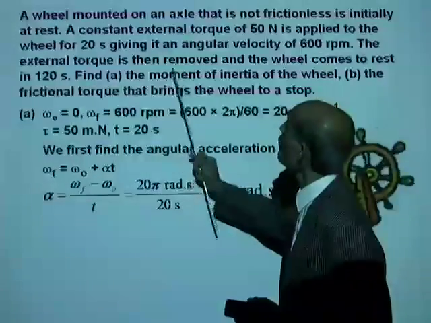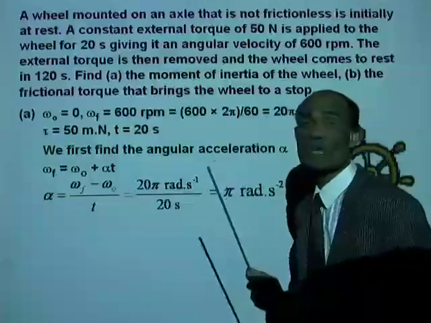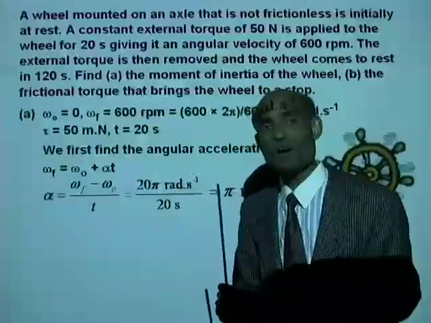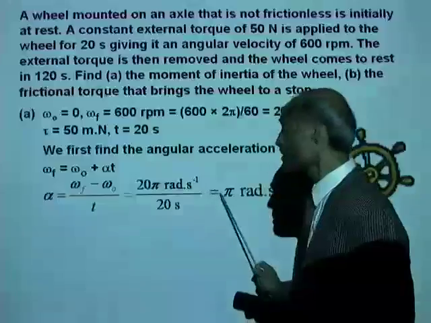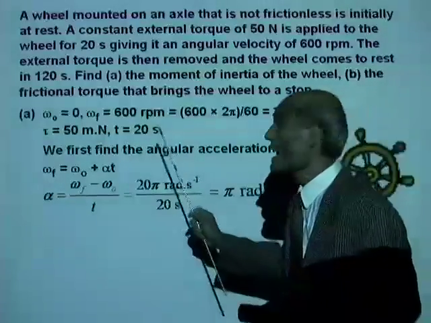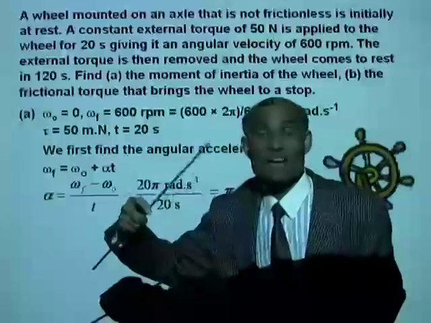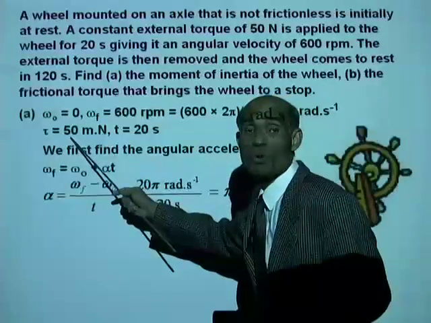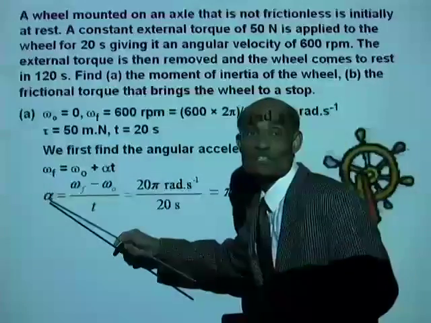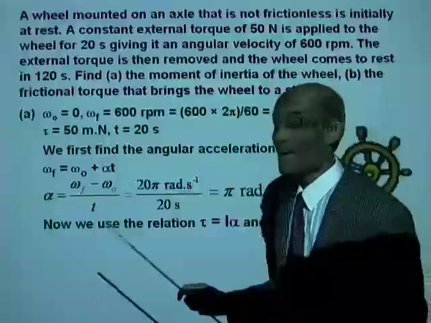What are we looking for in part A? Find the moment of inertia of the wheel. Can you tell me how we can obtain the moment of inertia if you know the angular acceleration and the torque that produces that angular acceleration? What is the relation between the torque and the angular acceleration? Tau equal to I alpha.